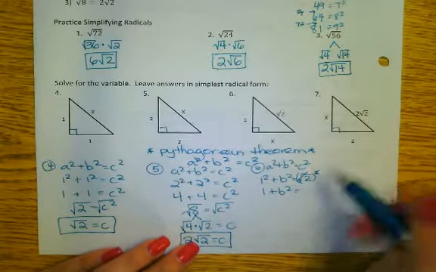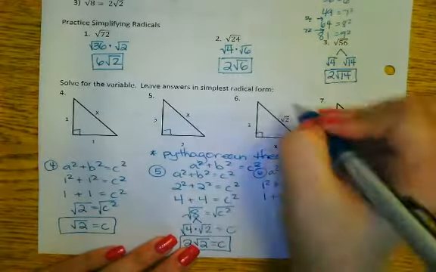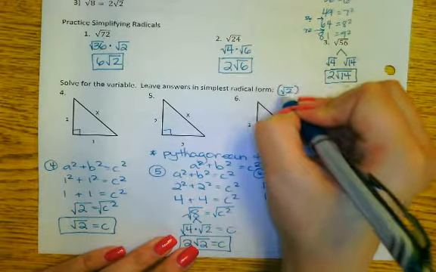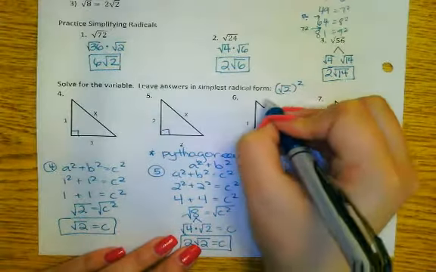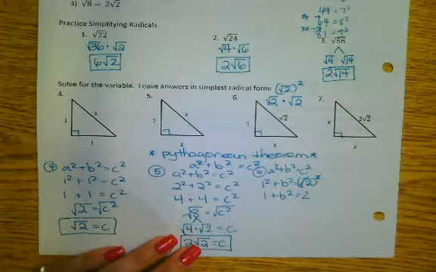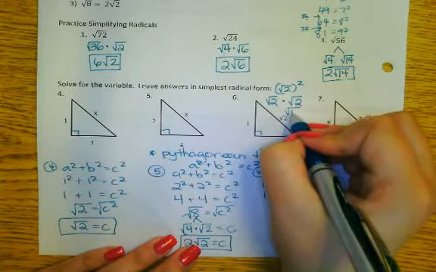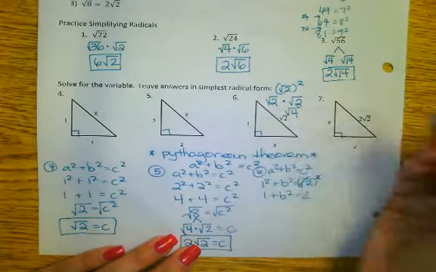The reason being, if I have the square root of 2 squared, that is saying square root of 2 times the square root of 2. The square root of 2 times the square root of 2 would give you the square root of 4, and the square root of 4 is what? 2.